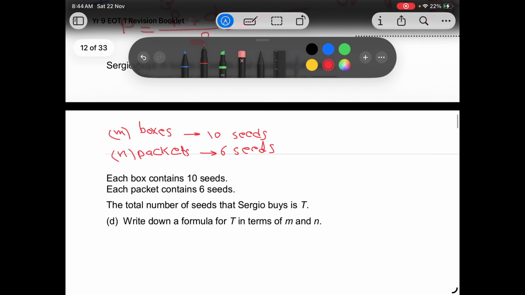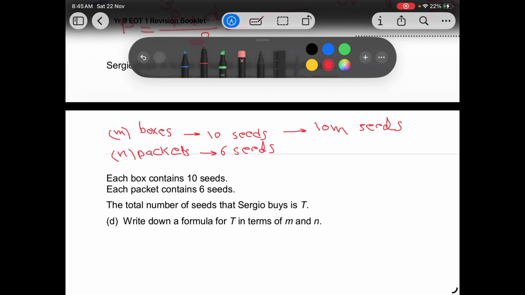So let us find out, guys, how many seeds are there in m boxes. The number of seeds in all m boxes is 10m. Why is that? Because we have m boxes, each box contains 10, so this is 10m seeds, okay?